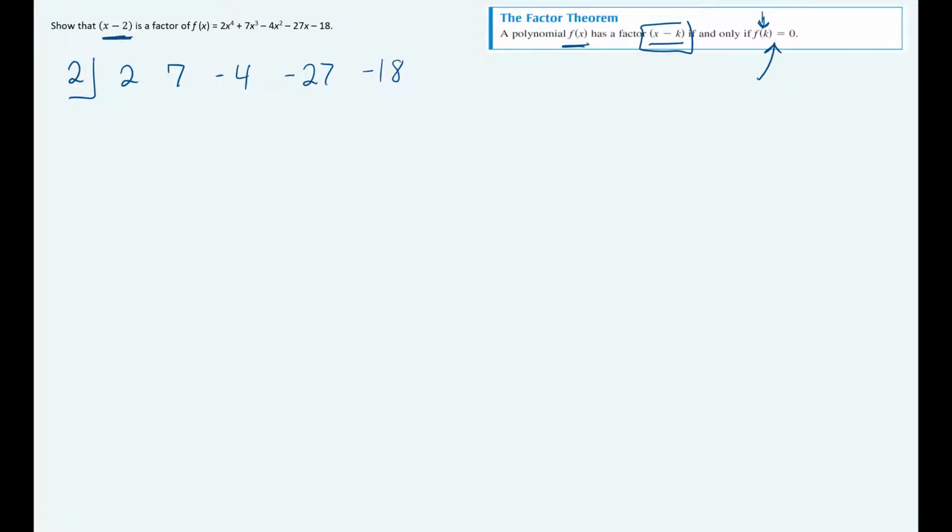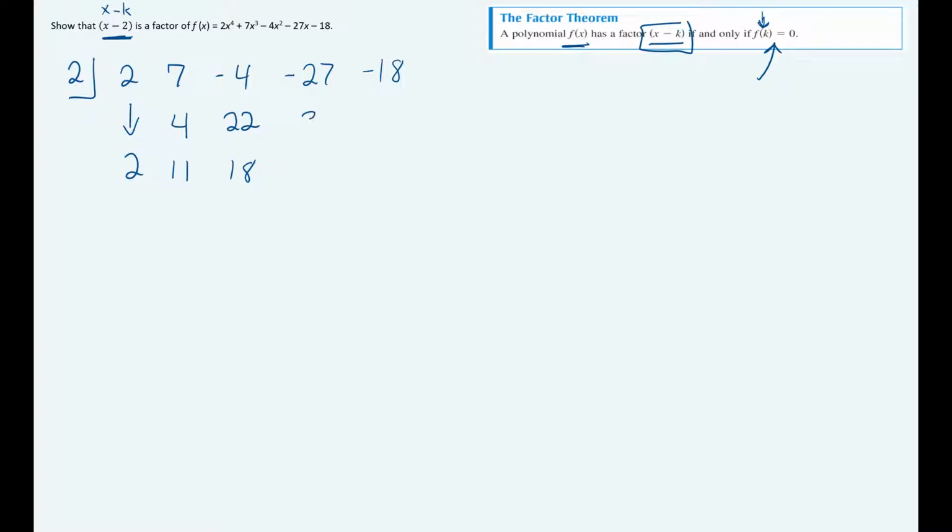Also, keep in mind this is of the form x minus k, so it's proper to use synthetic division with this. All right, here we go. Drop down the 2. 2 times 2 is 4, and then add. And 2 times 11 is 22 as we repeat the process. That would be a positive 18.